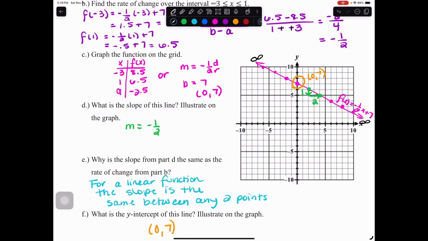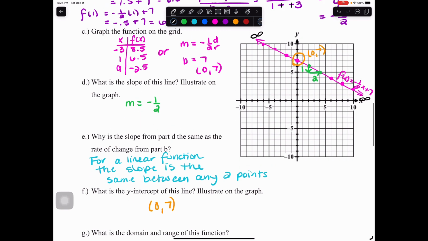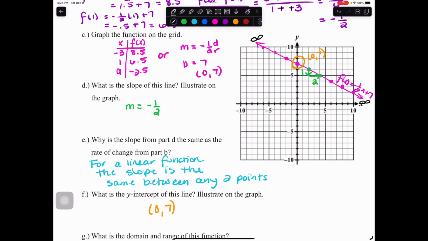When I try to think of my hands or Post-its or whatever you want to use to do this, for domain, I want to make my Post-its squeeze in from the right and the left, or my hands from the right and the left. And when I try to do that, the arrows will shoot right through. So there's no restriction there on the domain. The same thing's going to happen when I try to do the range. I'll try to pinch from the bottom and the top, and I'm not going to be able to do that.